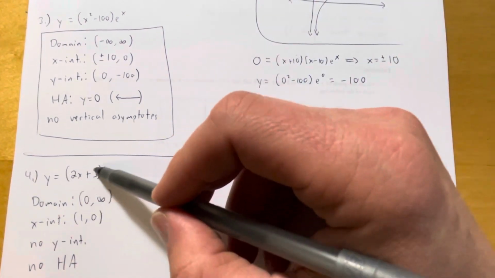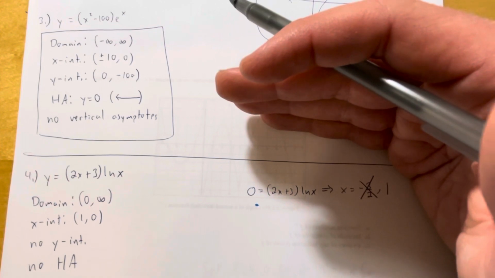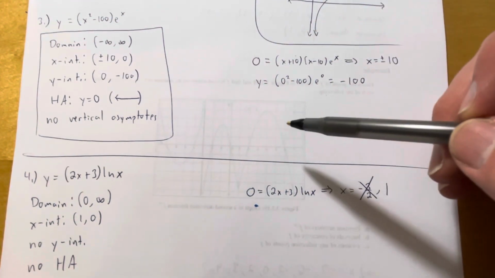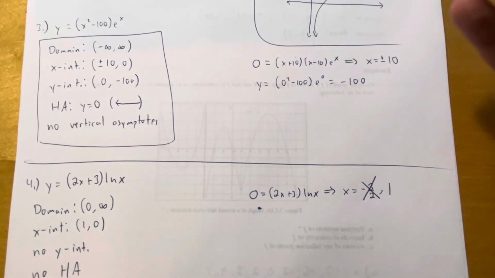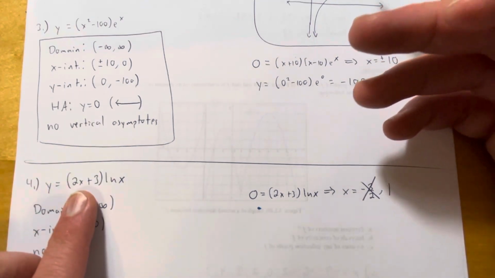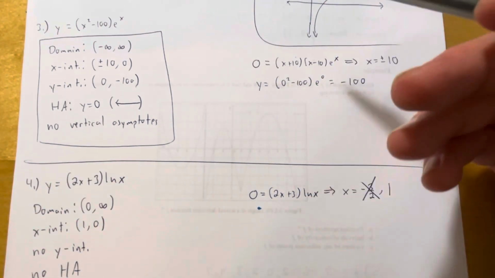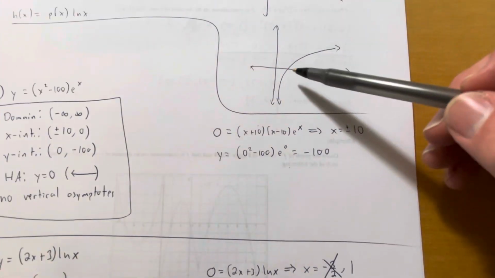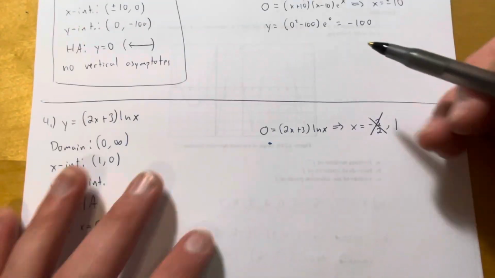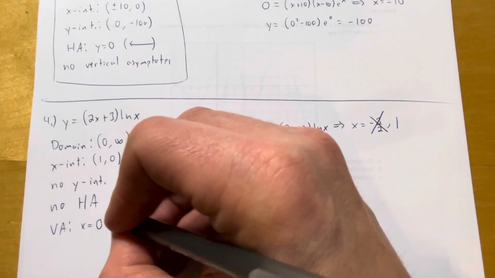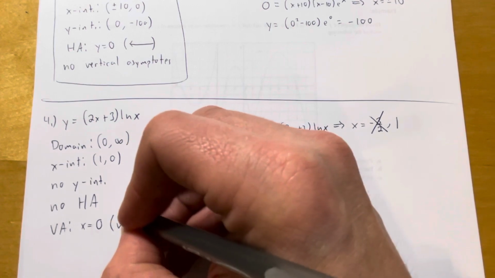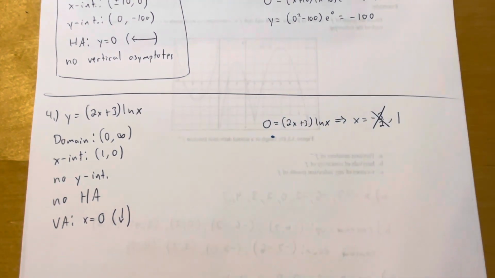So this function here is going to be approaching +3, while the natural log function is approaching -infinity. So it's a positive number times a negative number, which is negative, which means our function should still be approaching -infinity. So for my vertical asymptote, if I want to indicate the direction that my function approaches that, I can use that. Similar to the arrow that we used in the previous example.